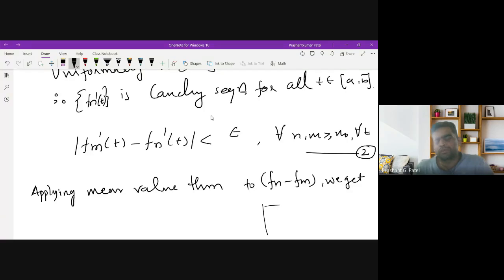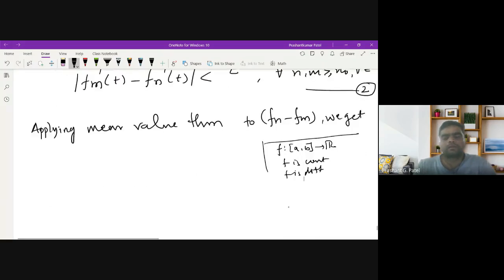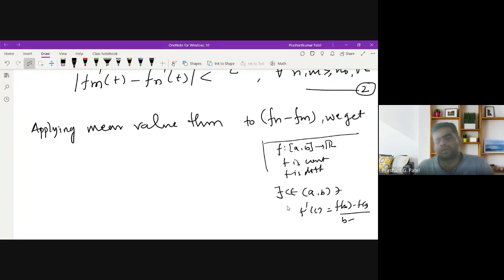Let us recall that if you have a function f from [a, b] to R which is continuous and differentiable, then there exists a c in (a, b) such that f'(c) is equal to (f(b) - f(a)) upon (b - a).